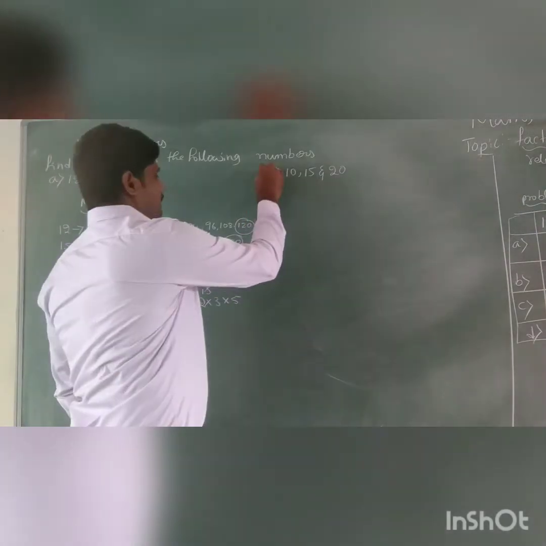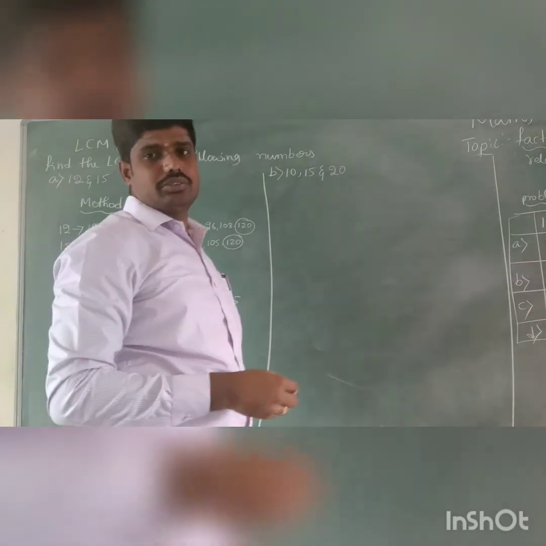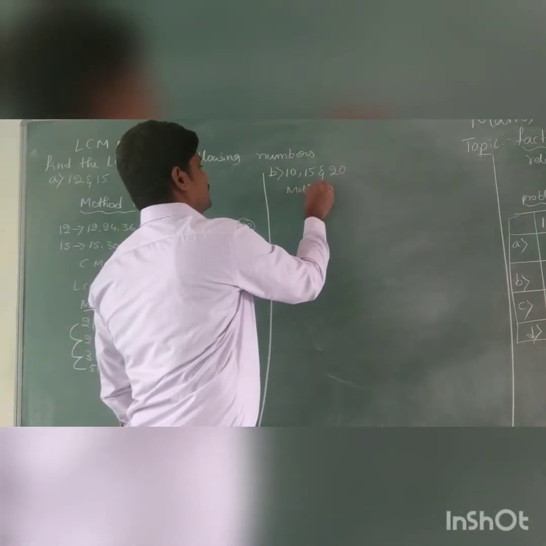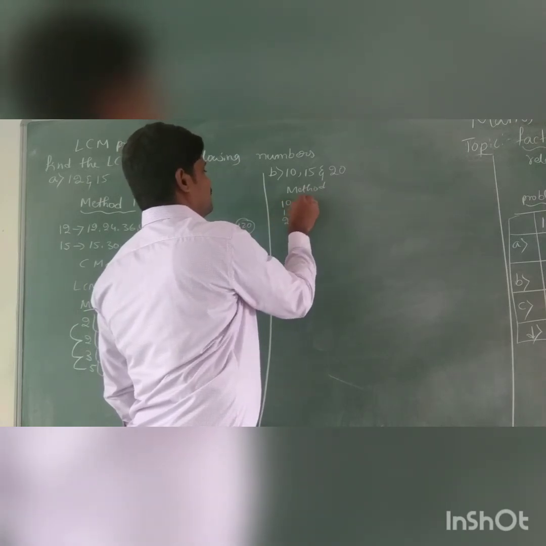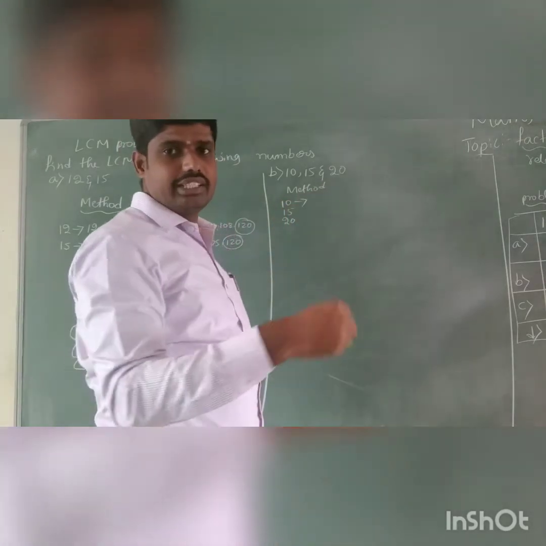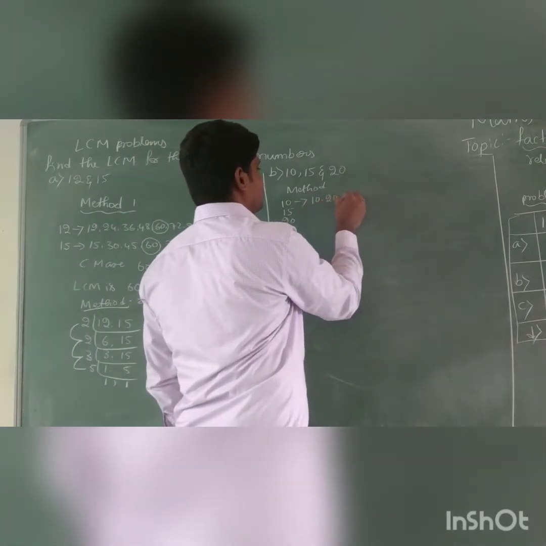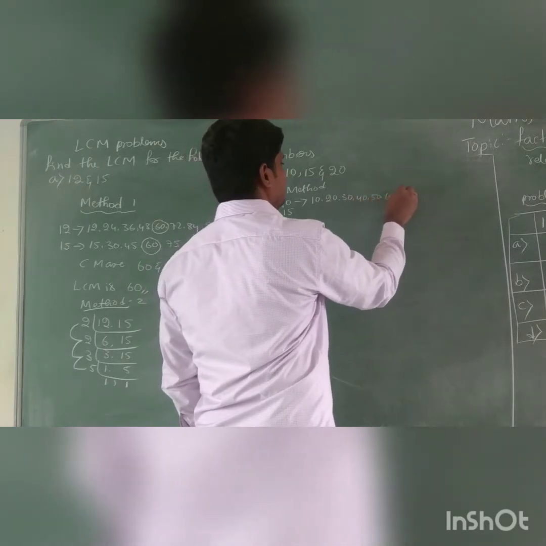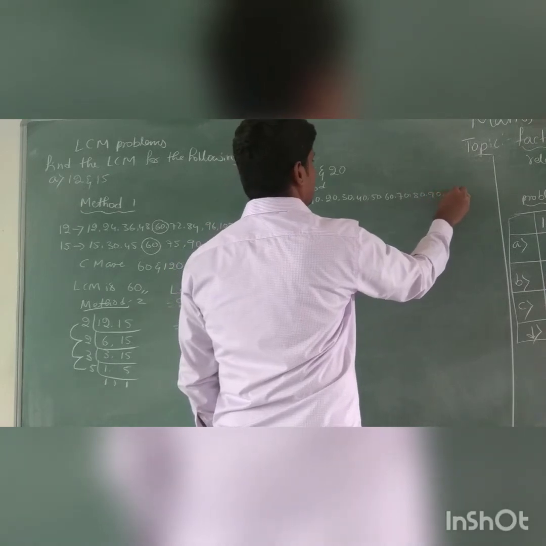Find the LCM of 10, 15 and 20. First, solve by the first method. Find the multiples of 10, 15 and 20. Multiples of 10: 10, 20, 30, 40, 50, 60, 70, 80, 90, 100.